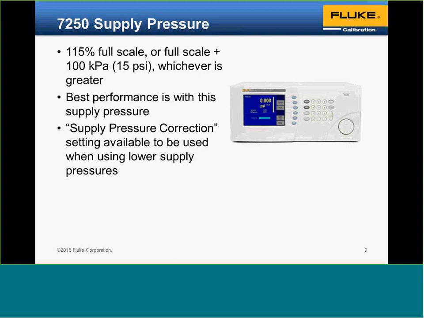It does not actively measure the supply pressure, so it adjusts extremely well to lower supply pressures. So the best performance is with the full scale plus 15 or 50 psi. If you're having control issues, one place to look is to make sure that your supply pressure hasn't drained lower than that.